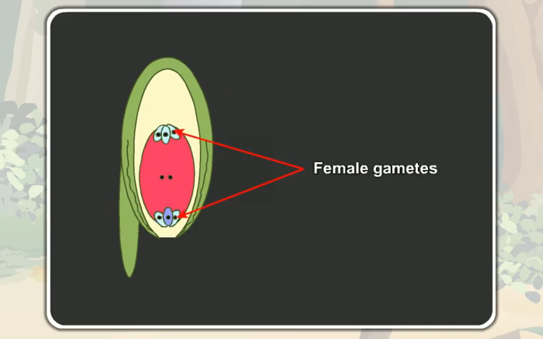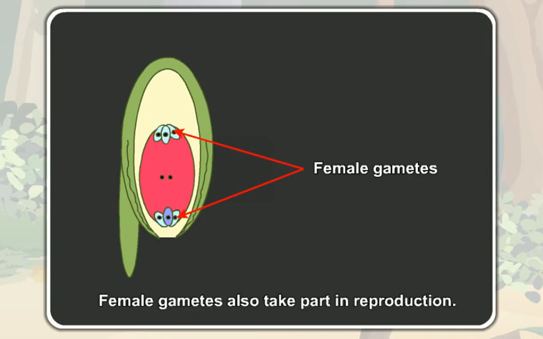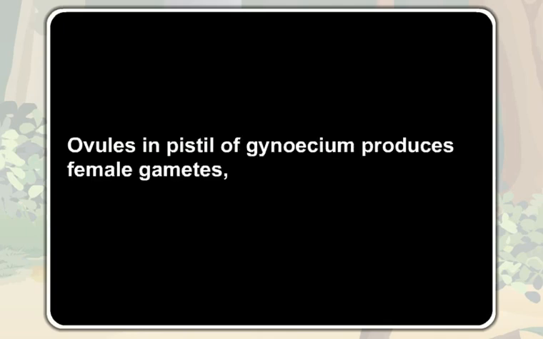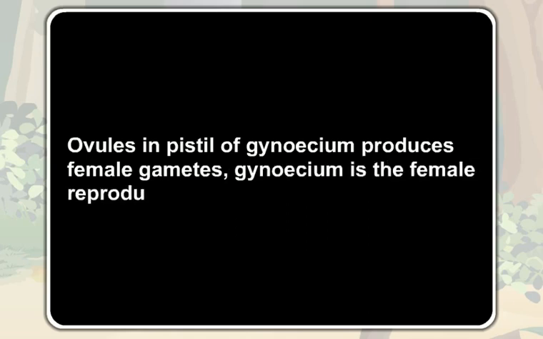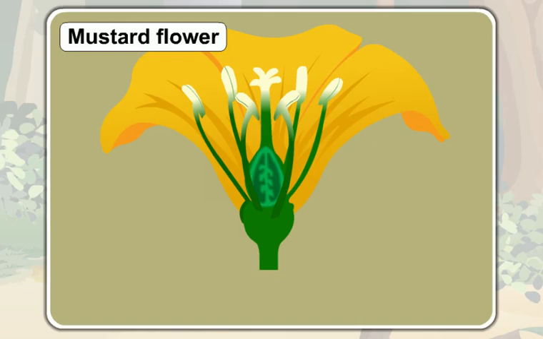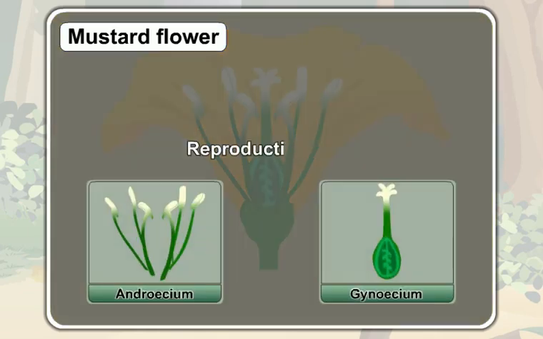These are the female gametes. Female gametes also take part in reproduction. As ovules in the pistil of the gynoecium produce female gametes, the gynoecium is the female reproductive part of the flower. So, a flower has two reproductive parts, androecium and gynoecium.